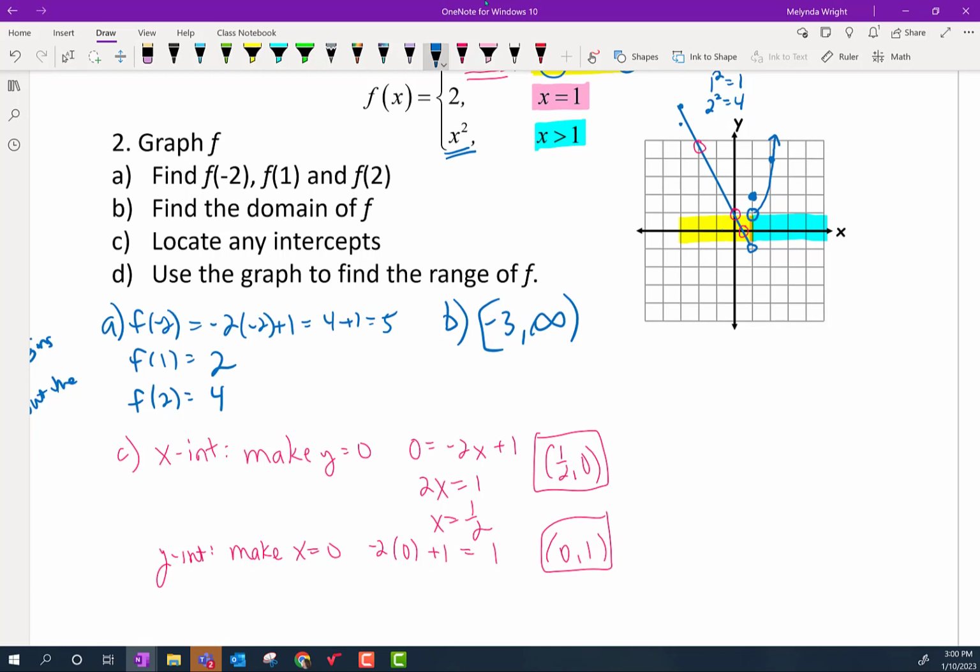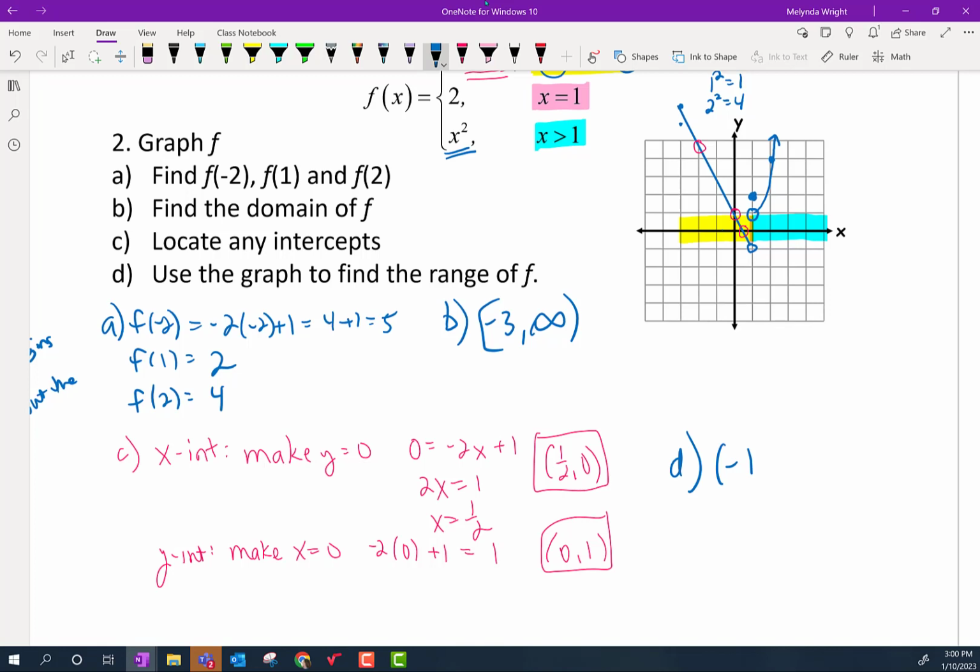The last thing they want us to do is to find the range. The range is all of the y values. So we need to start with the very lowest y value. The very lowest y value I can see on the graph is -1, but it's an open point, so it's not equal to, so I have to put a parenthesis.